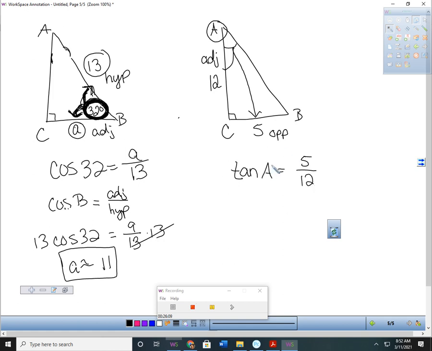And then to get rid of the tangent so you can get to the A, you have to do the inverse. So if I do tan inverse of 5 over 12, you get 22.6. And this is an angle, right? 22.6 degrees. So if you're ever solving for an angle, you're going to have to do the inverse, right?